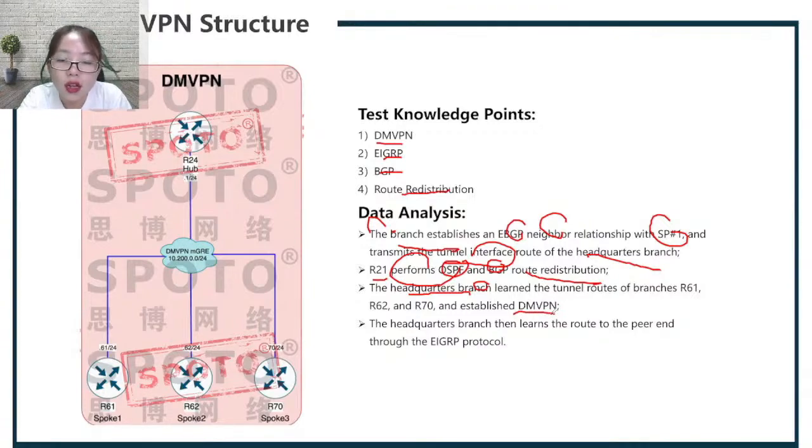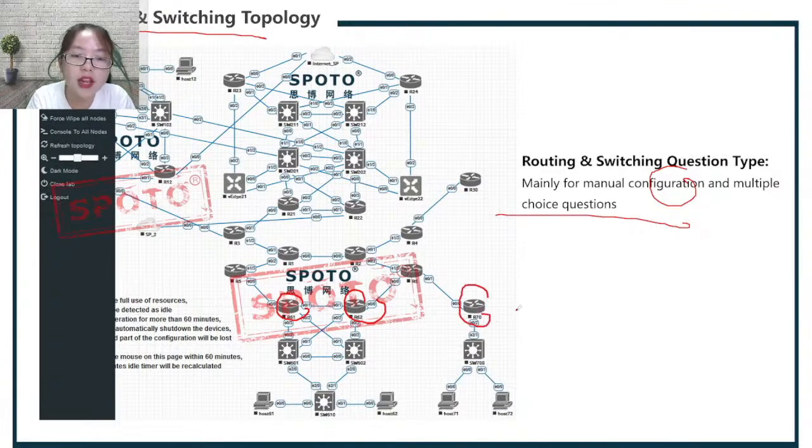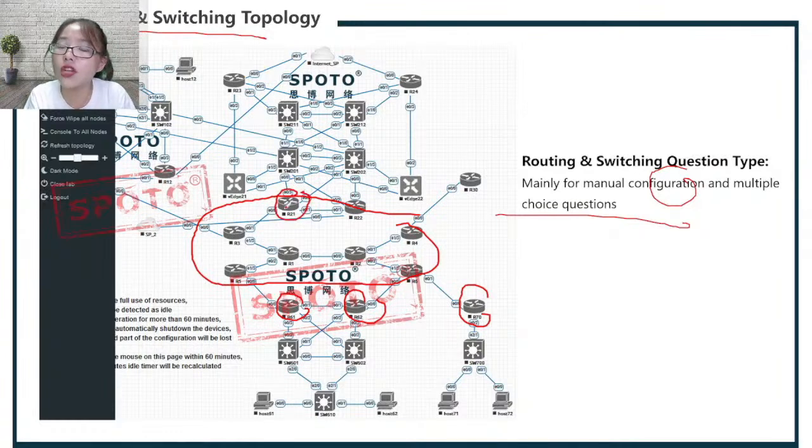We can see this part. Okay, in this part, as we just told you, router 61, 62 and 70 should establish BGP with the SP, and router 21 should redistribute OSPF and BGP.